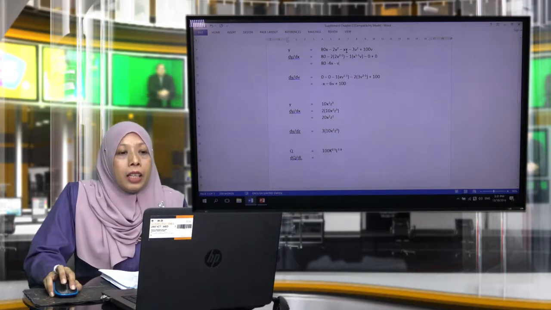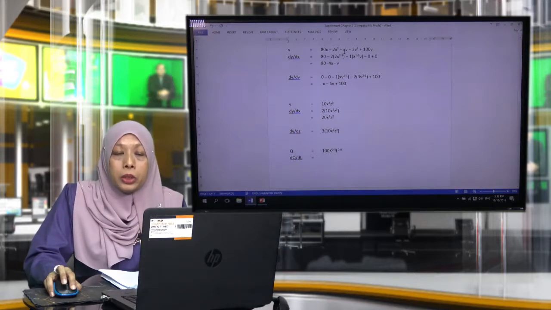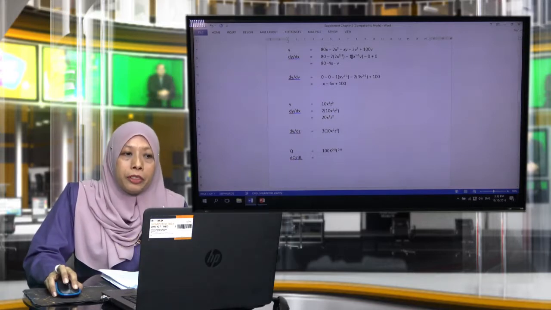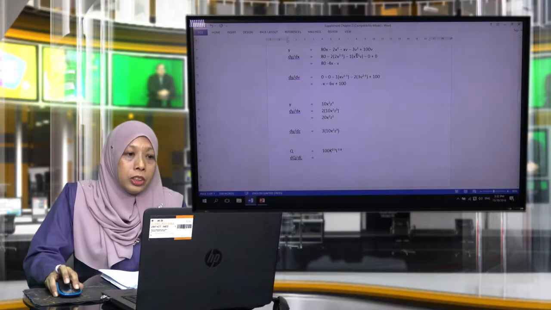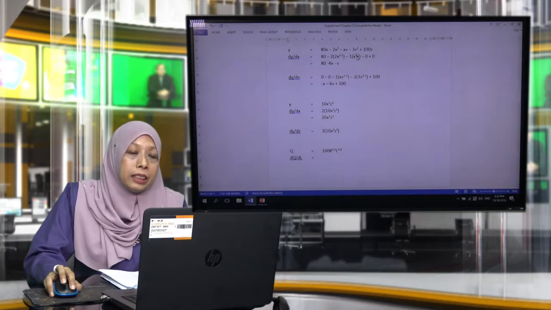The third one is xv. Now this is a bit tricky, but as I mentioned previously, if you have both independent variables, you better use the power function rule. Now you need to check again, which variable are you differentiating with? You are differentiating with respect to x. So what you need to do is bring down the exponent for x, in this case it is 1.